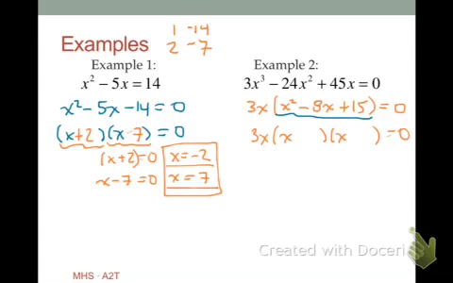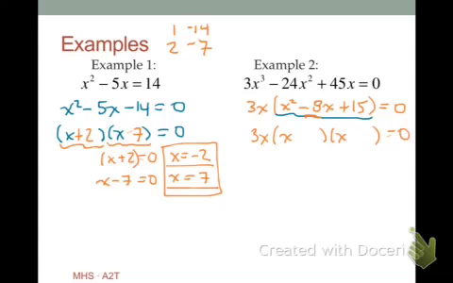Now the question again is, what terms are going to multiply to 15 and add to negative 8? Well, if I'm going to have a negative term for my negative 8, then I know that the two things that multiply need to be negative. They have to both be negative because a negative times a negative is a positive. So let's try a couple factors.